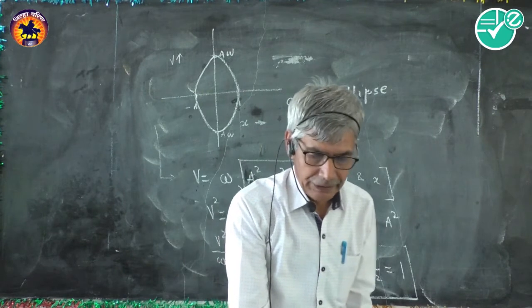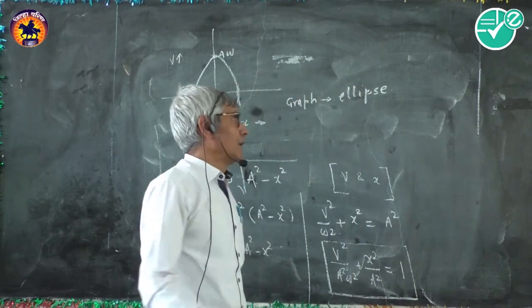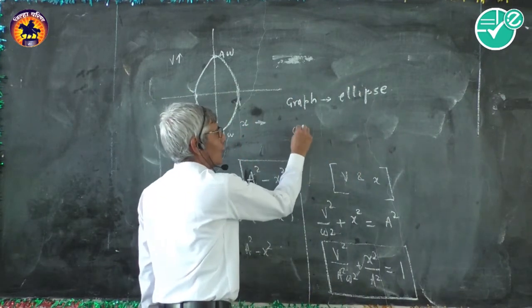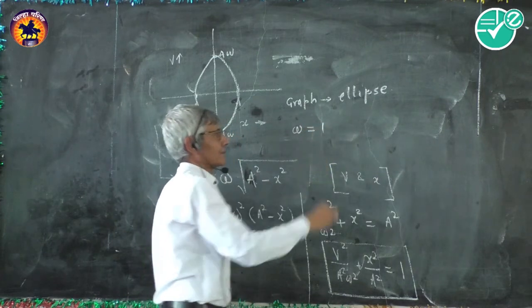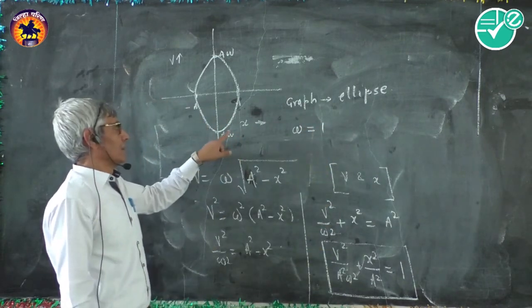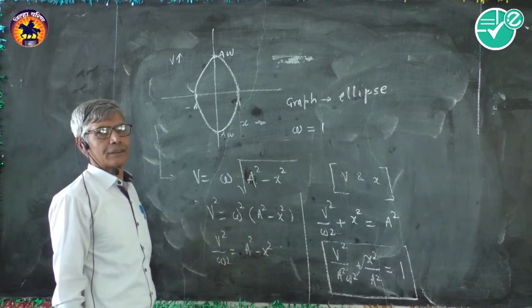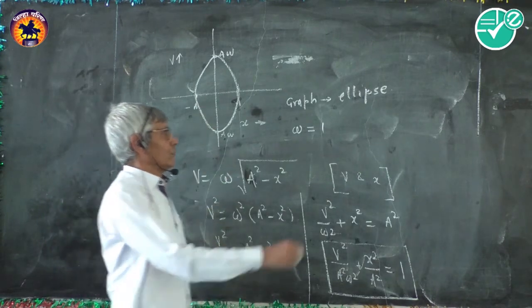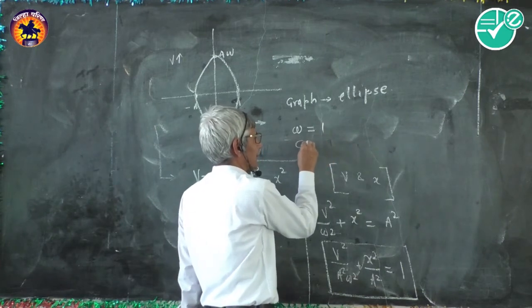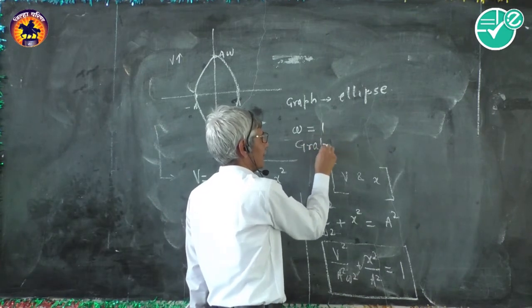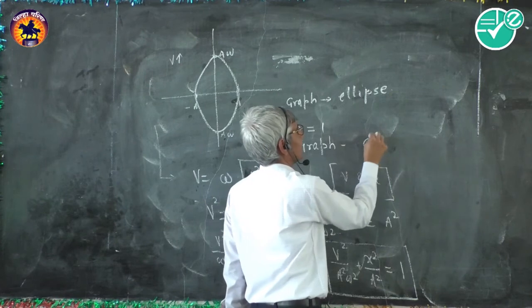Now, one thing is interesting. If we consider omega equal to 1, then A omega will become A. So the graph turns out to be a circle.